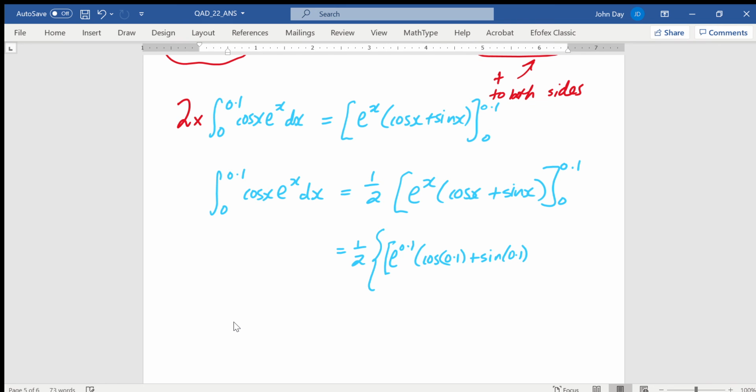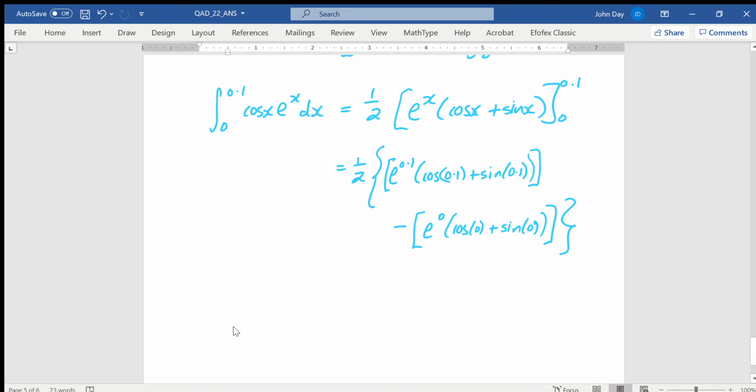Hey, that's in radians, of course, because it's calculus, right? So that's that minus e to the 0 cos of 0 plus sine of 0.